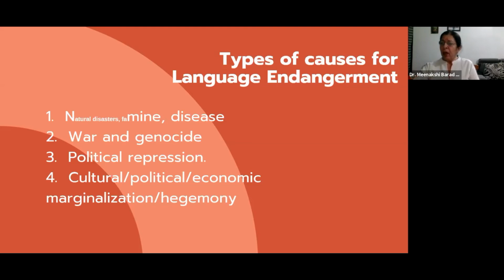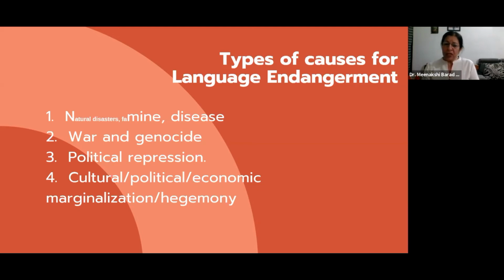Then there are cultural, political, economic marginalization and hegemonies. This happens when the political and economic power is closely tied to a particular language and culture, so that there is a strong incentive for people to abandon their language in favor of another more prestigious one.